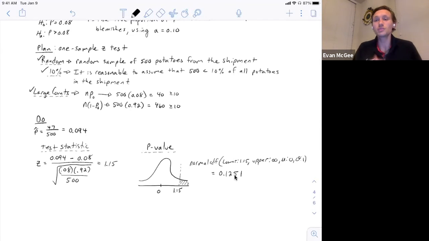It's not extremely unusual, which is why in the next step of this problem, we're going to make our conclusion and we are going to fail to reject the null, because if the truck really has 8% blemished potatoes, it's not that unusual to get the sample that we got in our example.